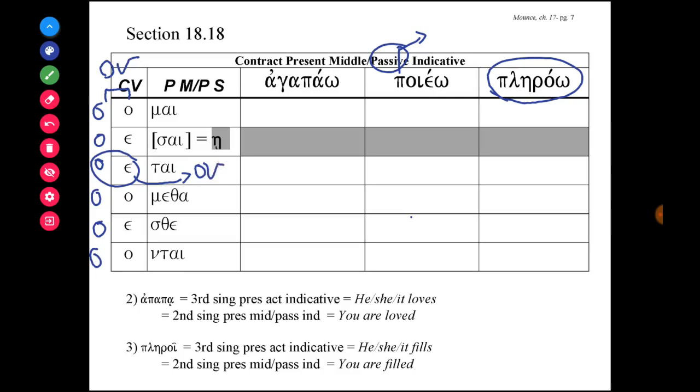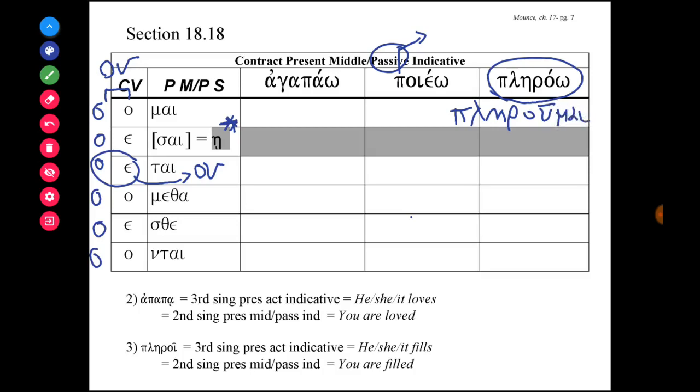So the u diphthong is going to show up for all the forms except for the second person singular, because we have a special rule being applied here, so it's going to look different. So if I want to say I am being completed, I am being filled, the form would be plerumai.